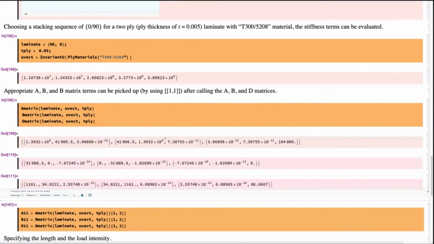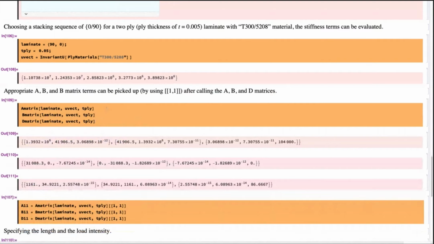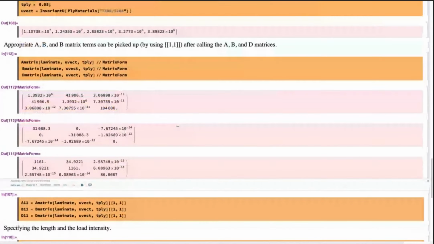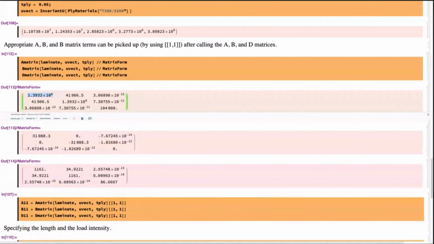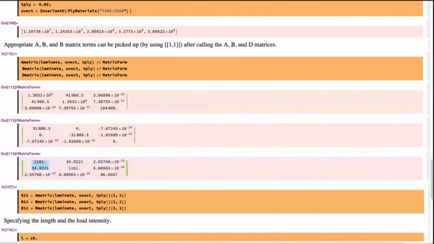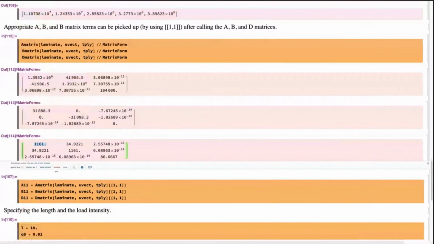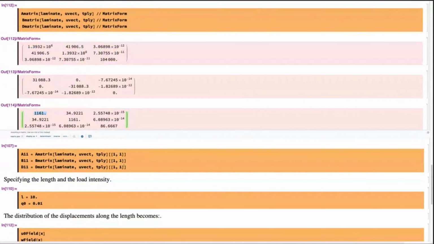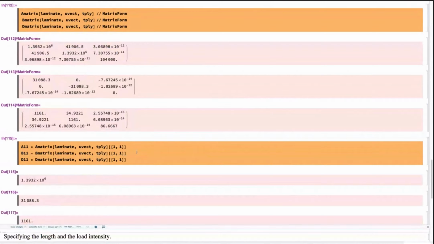These are just matrices. I could also have shown this in matrix form. These are the matrix form. But what I need is A11, B11, and D11. So I just use 1, 1 at the end and execute this.